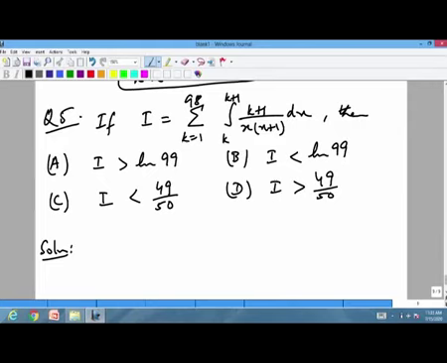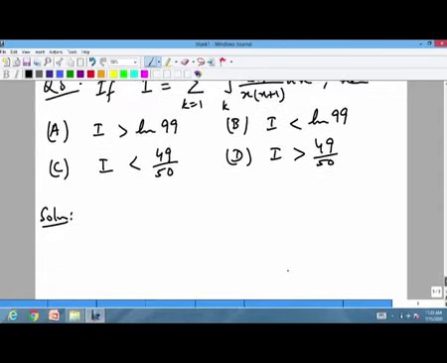So, in these kind of problems we should try to look at the options and then try to see how to do it. If you see the options A and B, then I is compared with natural log of 99. So, now note that what is log 99?